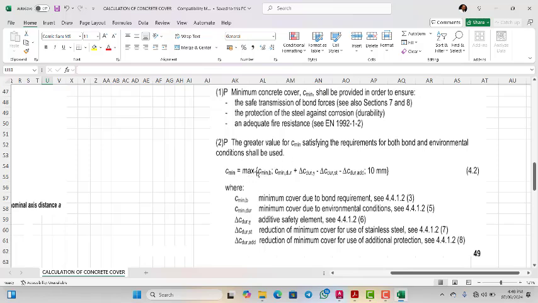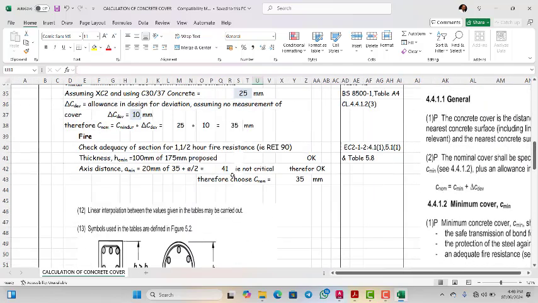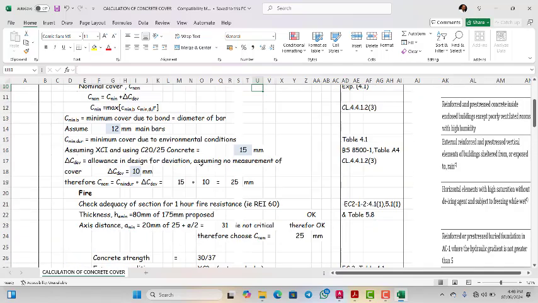So C min will now become the max of C min,b and C min,dur plus this minus this, or 10 mm. Now, all these things that are being calculated here give what we have as our 15, this plus this.